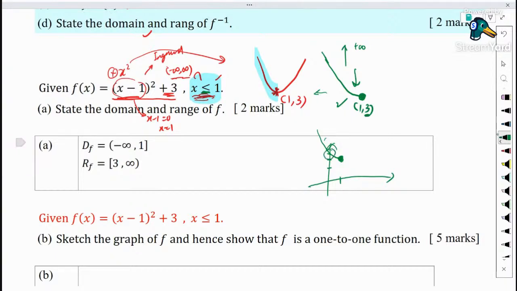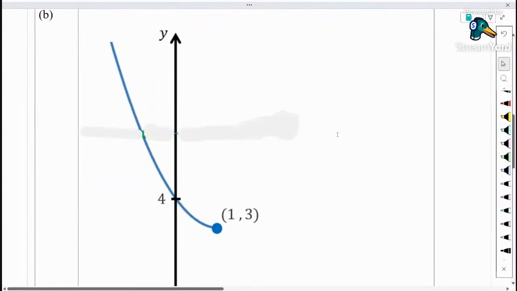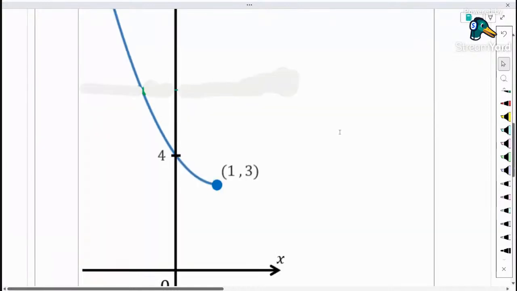But for sure there is a y-intercept, so let us have a quick calculation of the y-intercept by substituting x equals 0. So I have this y-intercept equals 4. And therefore, I can complete my graph as the following. So this is the graph I suppose I have.